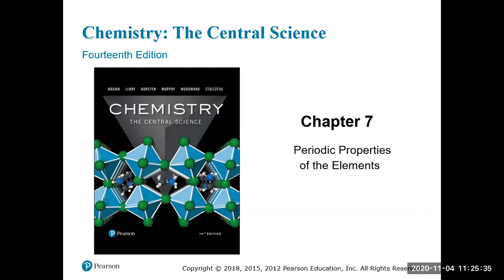is kind of a follow-up to the lab you did, I guess it was a week or two ago. And so it'll be a little bit different approach than the stuff that we did in the lab. We're going to expand upon some of the periodicity that we see in the periodic table.